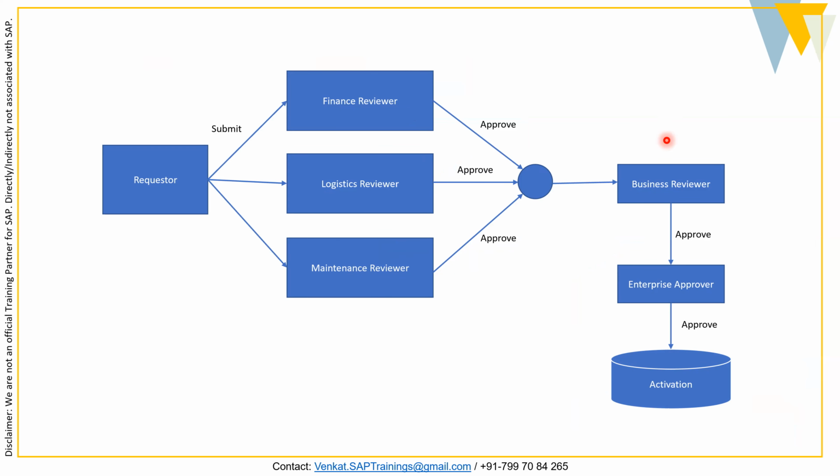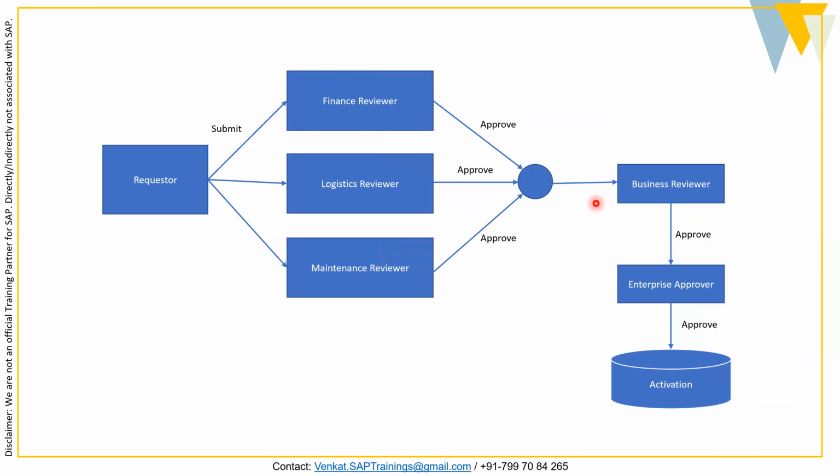Now, this is what we discussed in yesterday's session, parallel workflows, but I got the exact role names from the real-time scenario. These three we had seen already: finance reviewer, logistics reviewer, maintenance reviewer. The merge step we had discussed is not here, so keep that in mind.